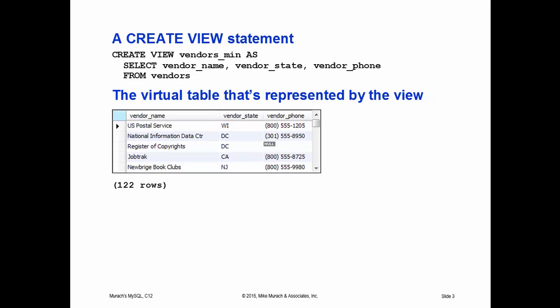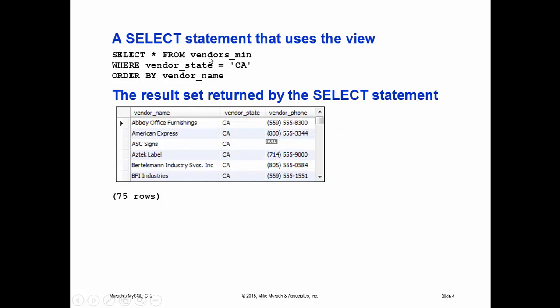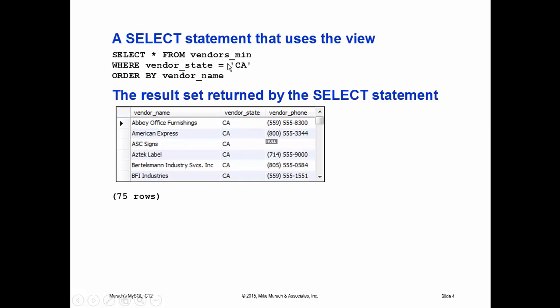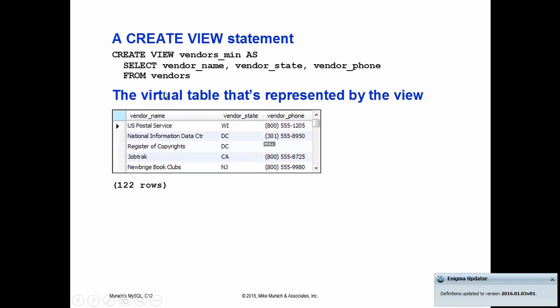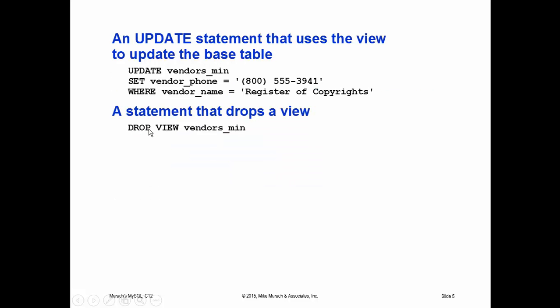So we're using in here, instead of the table name, which we've been doing all along, now we're using a view name. So select all the fields from there. In other words, the vendor name, the vendor state, and the vendor phone, but only where the state is California, and then ordering it by vendor name.